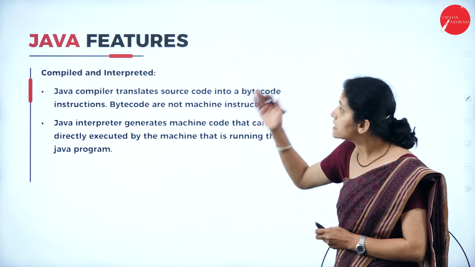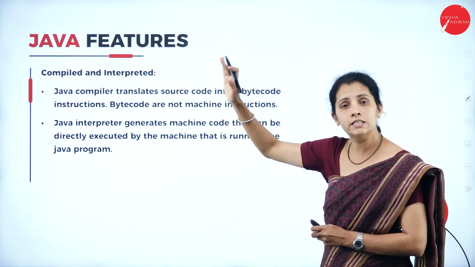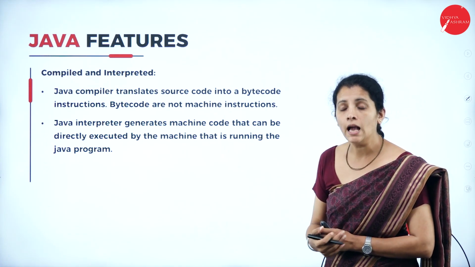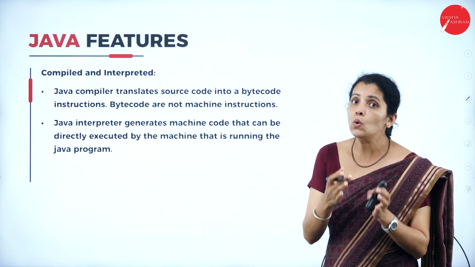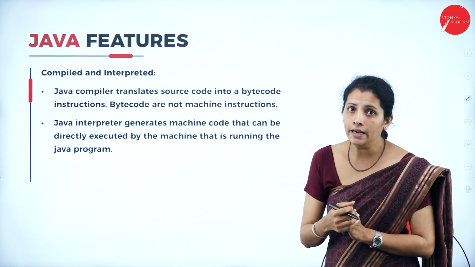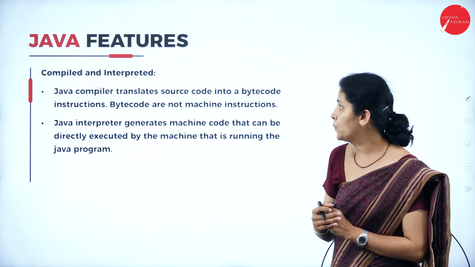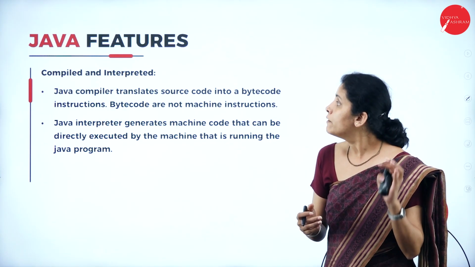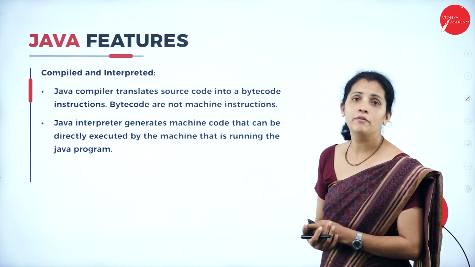So here, as I know, Java is a general purpose as well as object oriented programming language, and it is also known by the name platform independent programming language, and each Java program will have certain features.